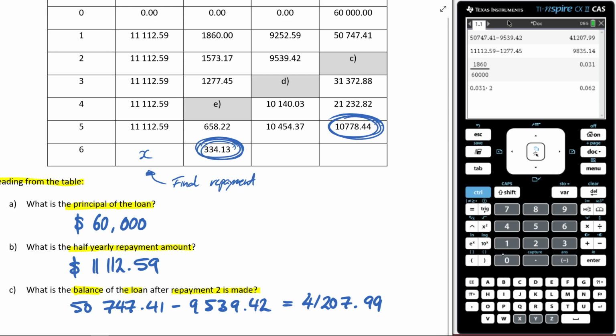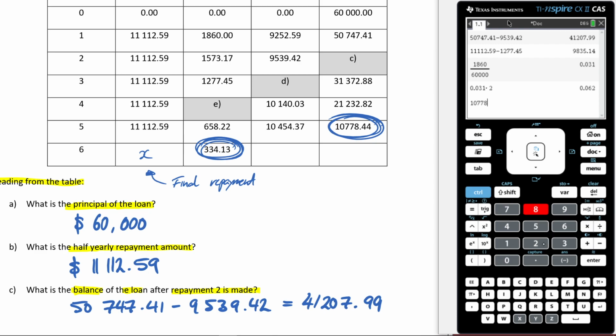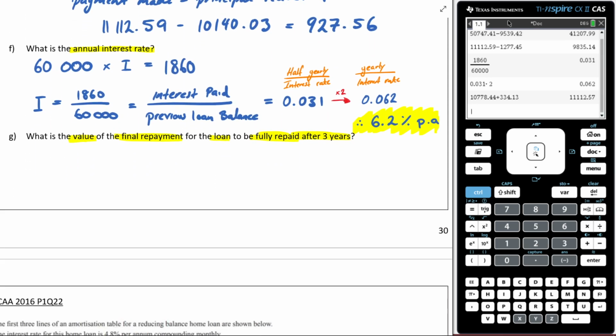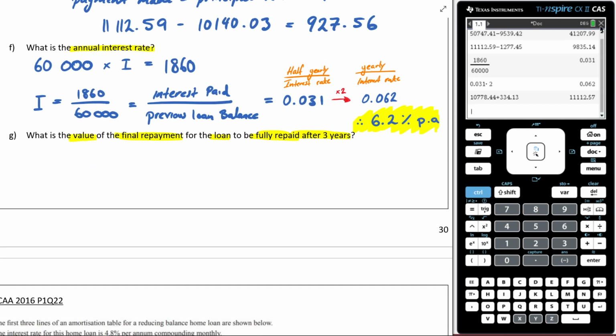So you're simply going to go 10778.44 plus 334.13. What I did here is come down here and write it nice and neatly for us.